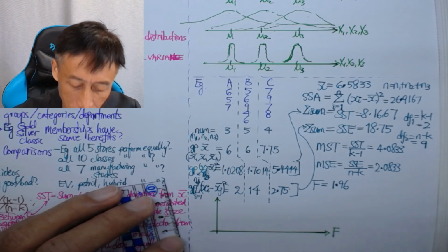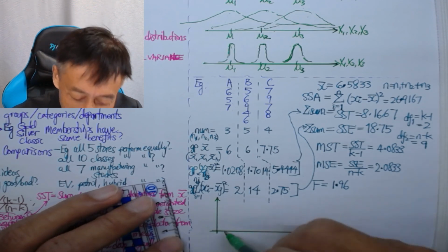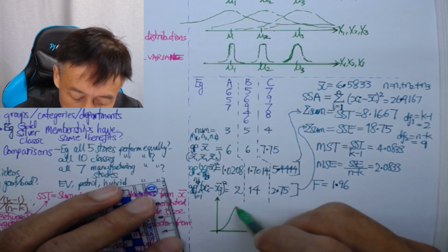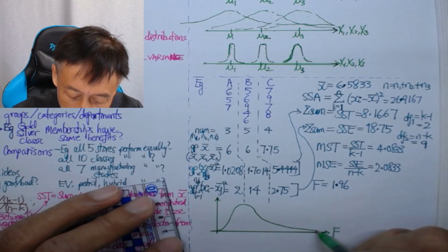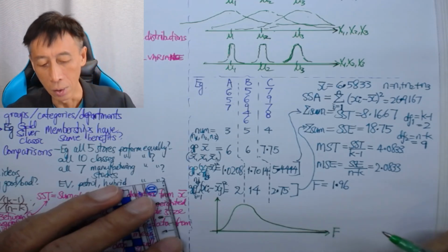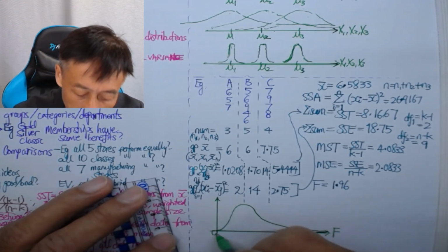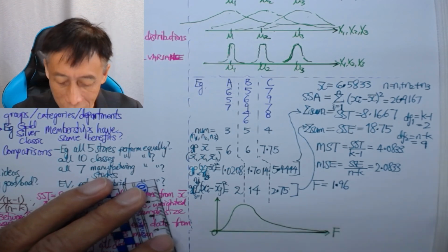So let's look at the more healthy, more general form. It starts from 0, goes upwards very sharply, then tapers off until infinity. A little bit like chi-square also. But just a sketch like that will do.